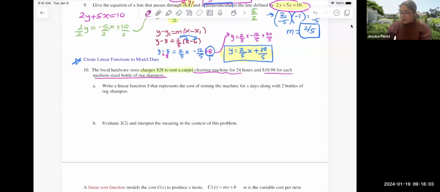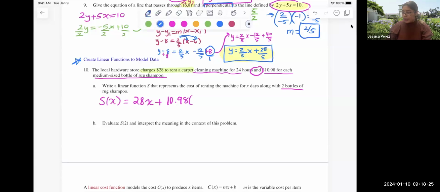So what we know is that there's going to be a function in terms of x because x is representing the days. And we know it's $28 per day plus, because "and" represents addition, $10.98 for how many bottles? So per bottle, it's 2 of them, the 2 bottles of rug shampoo.